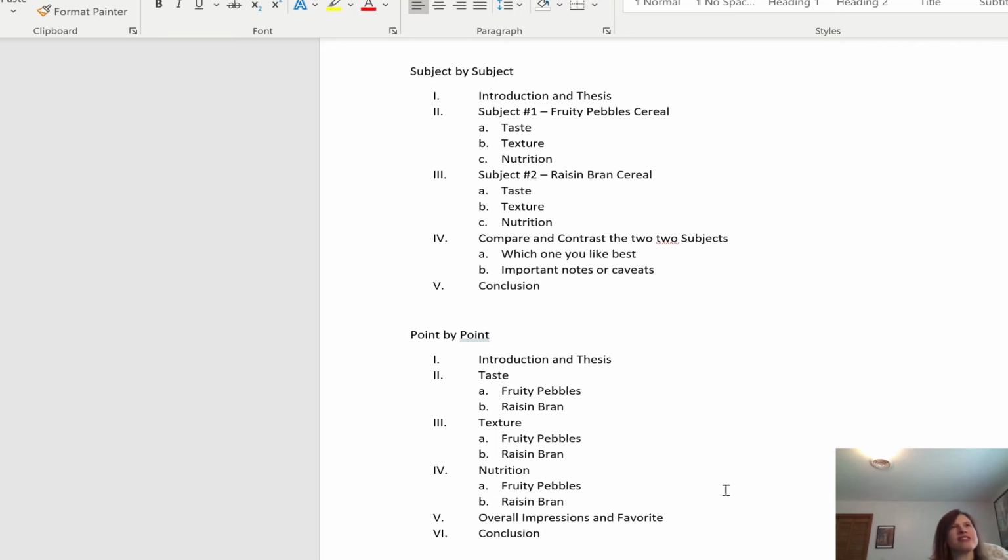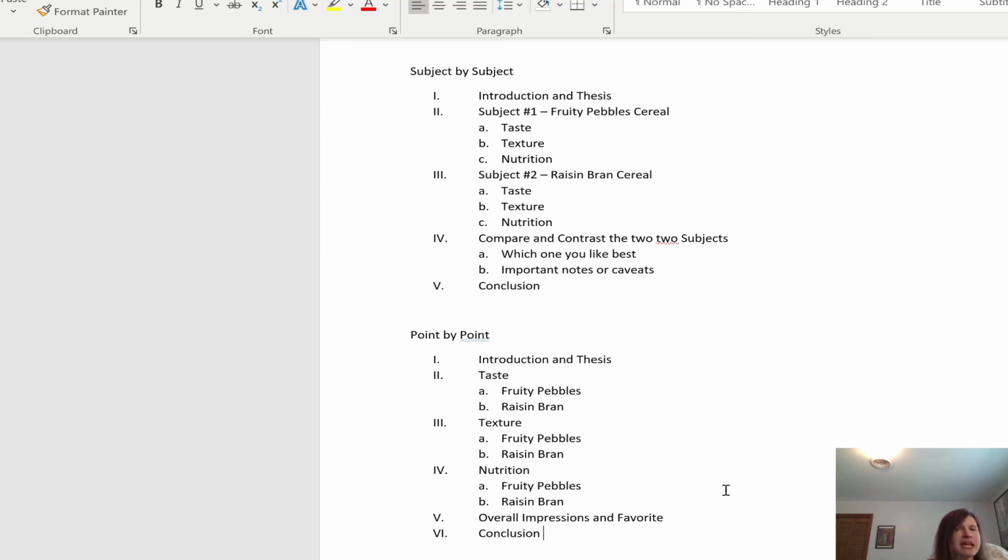The cons are, as a writer, you're going to have to go back and forth with your subjects throughout the entire paper. So it's up to you how you want to format your compare and contrast. I'll be honest, I've seen papers that have received A's in this class with both subject by subject and point by point. So either way, you can't go wrong.